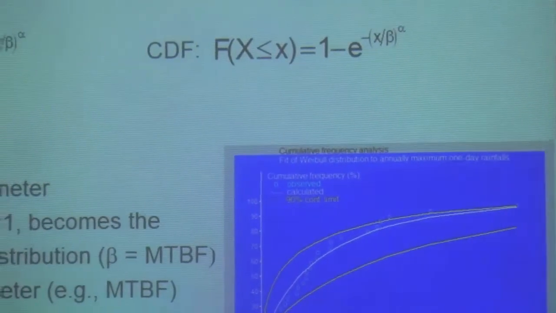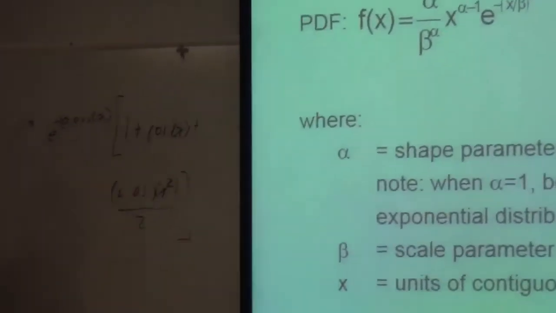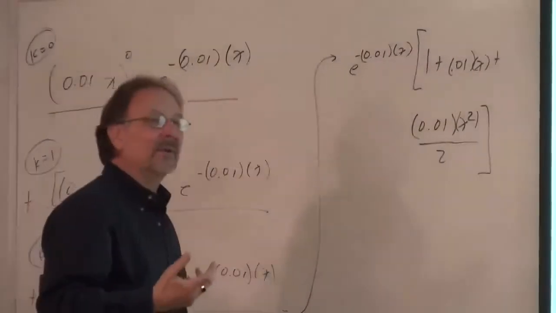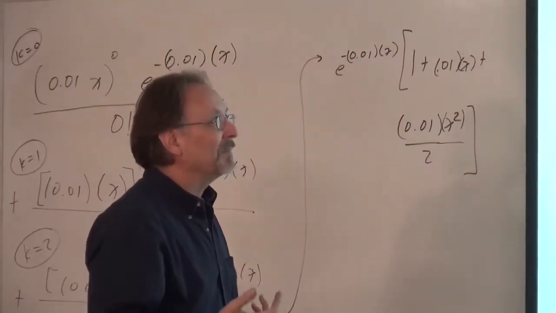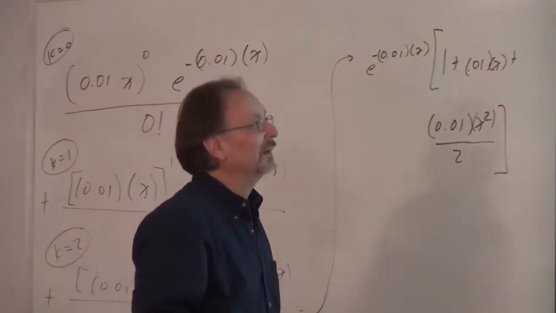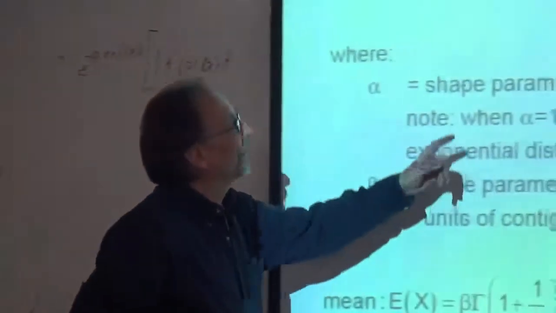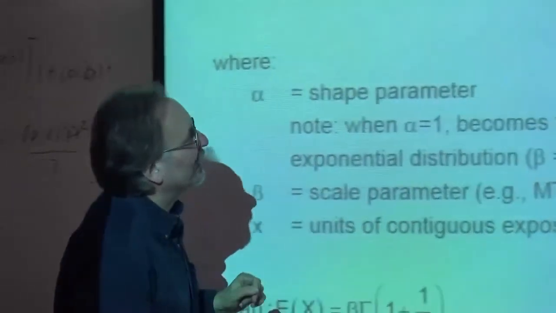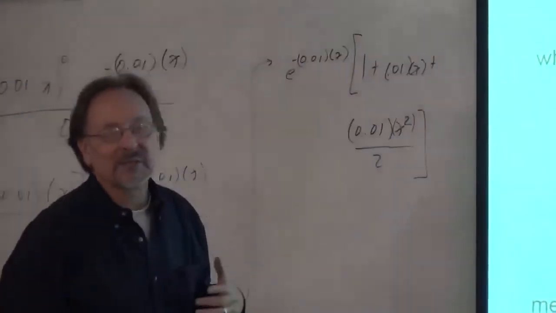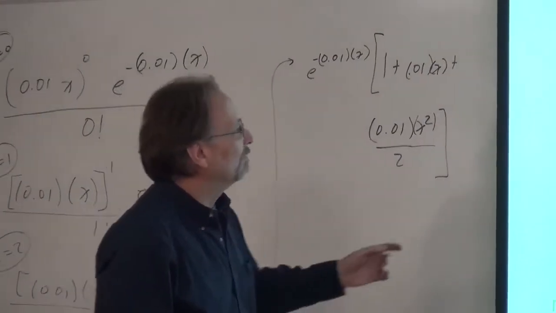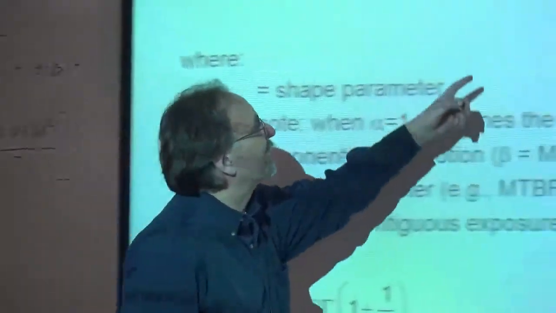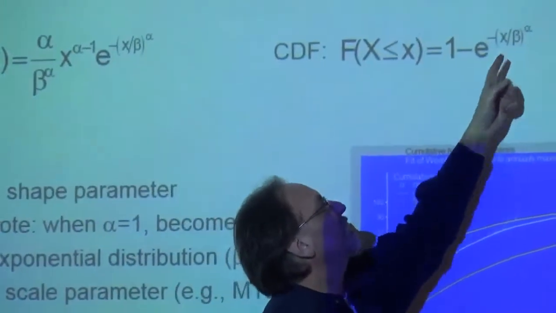This is like the gamma. If the shape parameter is 1, it becomes the exponential distribution. If it's something else, then it's a different distribution. And beta is the scale parameter, and it is the mean time between failure.